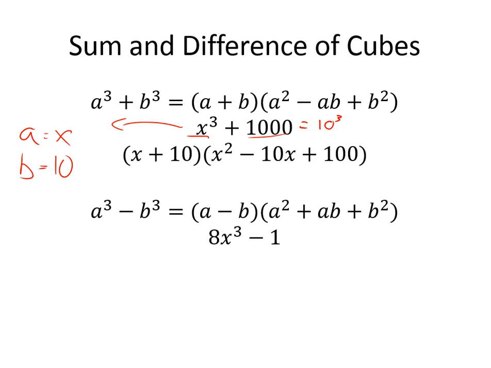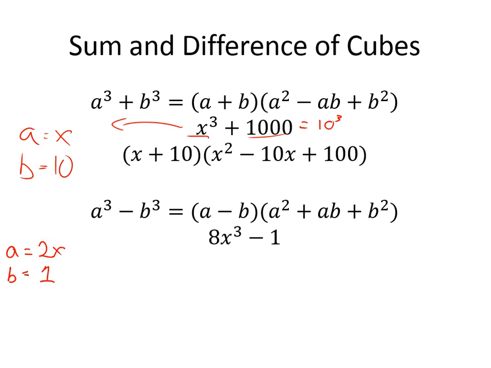So now the next one is the difference of cubes. So a cubed minus b cubed is equal to a minus b times a squared plus ab plus b squared. And so here, 8x cubed minus 1, your a value would be 2x, and your b value would be 1.